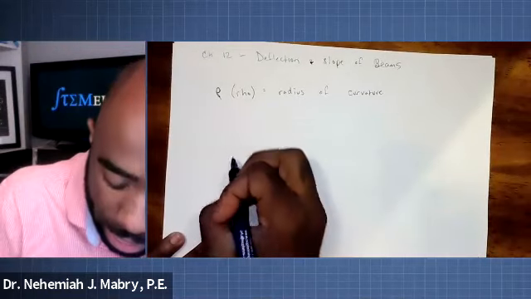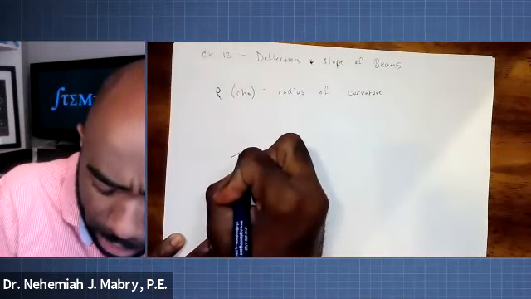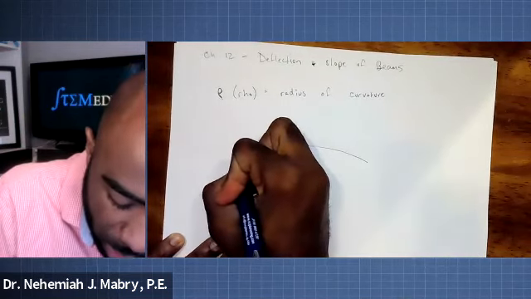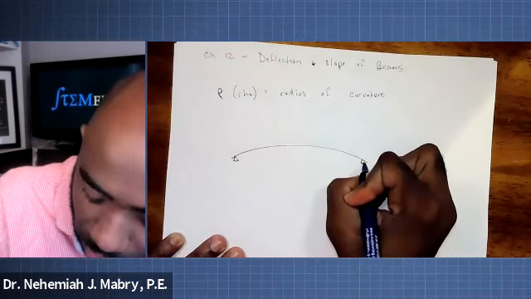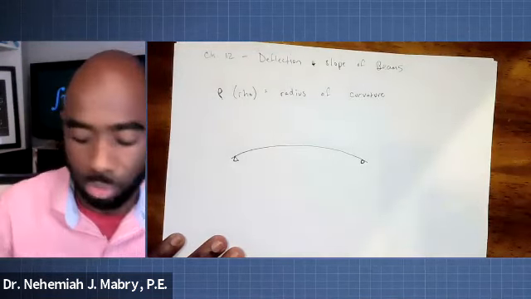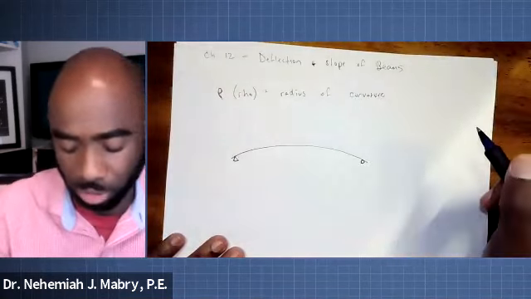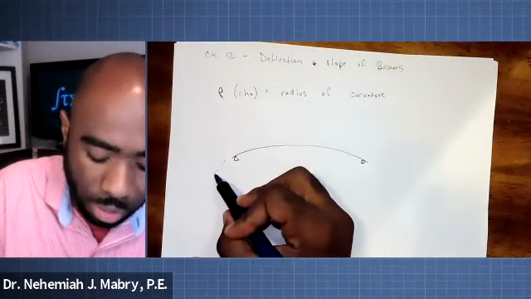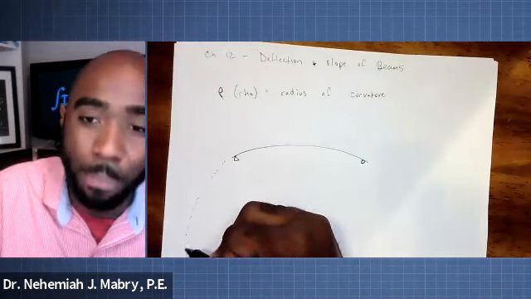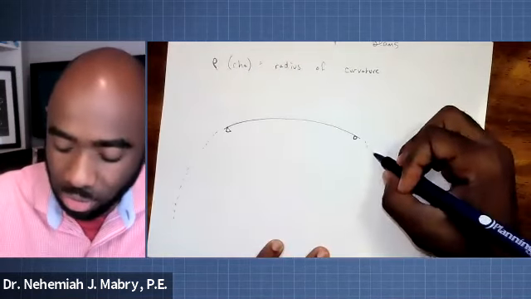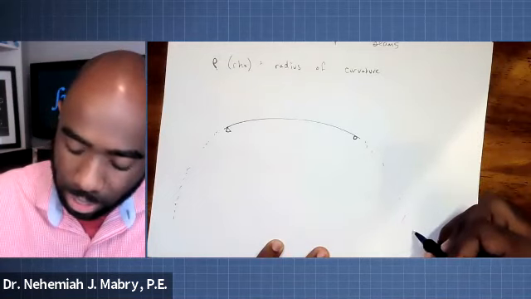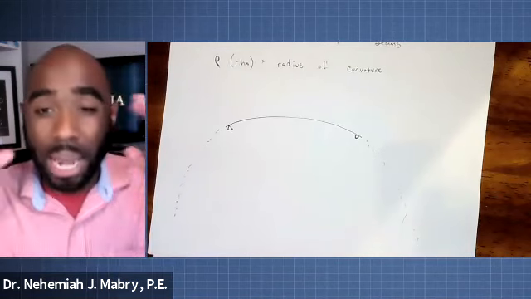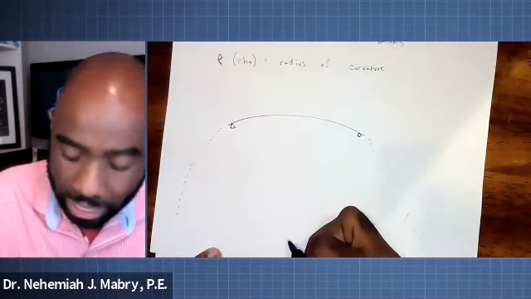So what is meant by that is if a beam was bending like this, let's just say a beam was bending, right? This is an exaggerated curve of how a beam could bend. For whatever reason, it's bending upwards. If you were to imagine that this beam was part of a much larger circle, that imaginary circle would indeed have a center.